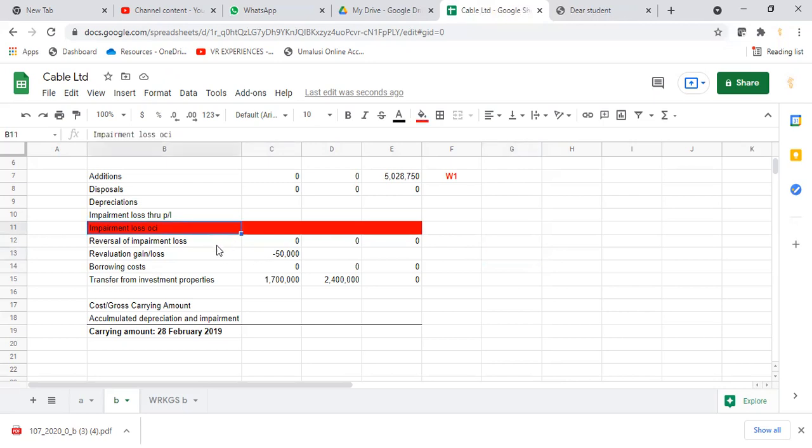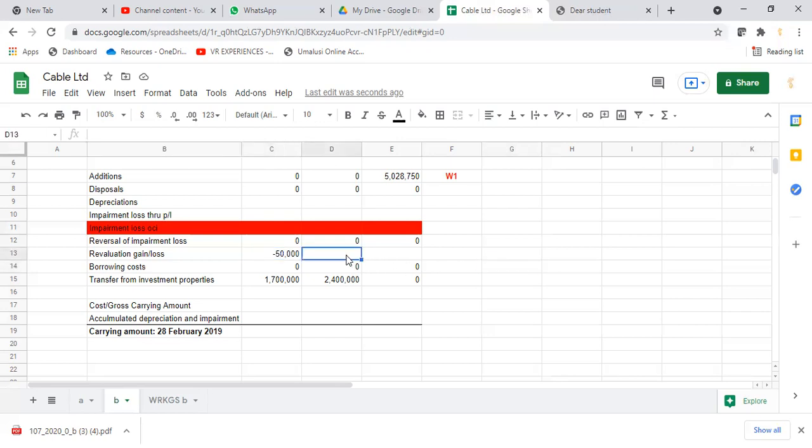I don't think they'll mark you wrong, but I'll just take it against a revaluation loss. We carry the land at 1.7 million and we need to be at 1.65 million, so therefore there is a revaluation loss of 50,000 Rand.